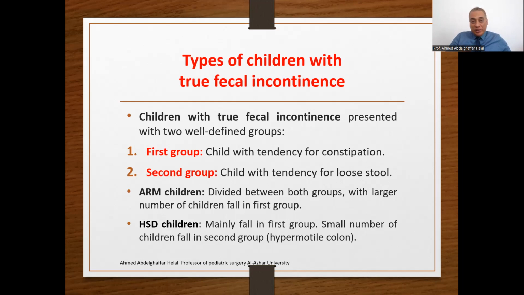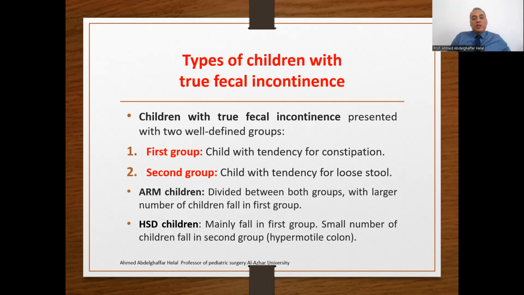Anorectal malformation in children is usually divided between both groups, with a larger number falling in the first group. A larger number of anorectal malformations present with true fecal incontinence related to the poor prognosis type, usually constipated. Hirschsprung disease mainly presents in the first group; if affected, they usually present with true fecal incontinence and constipation because of their predisposition to constipation.